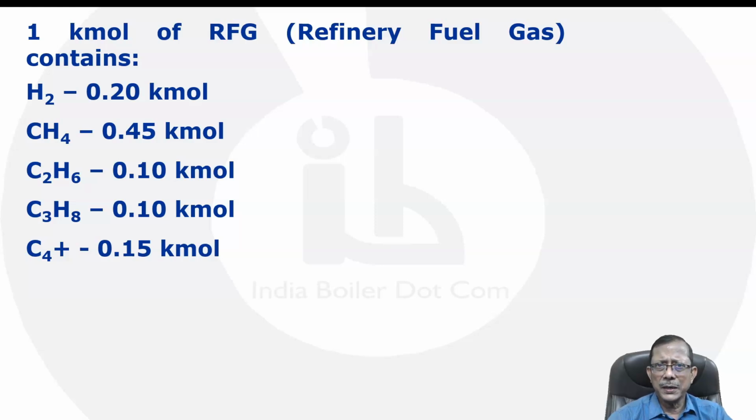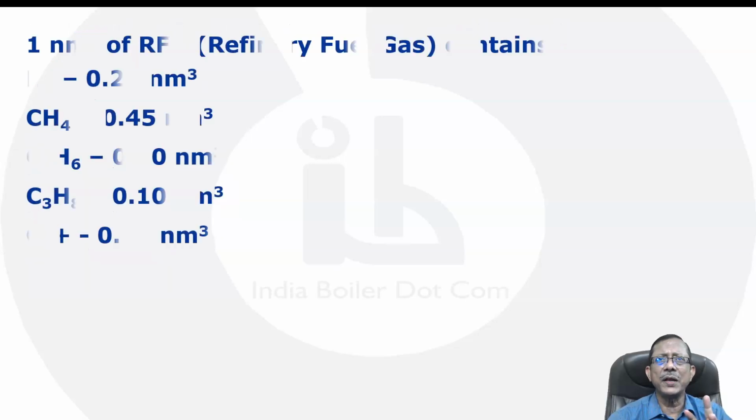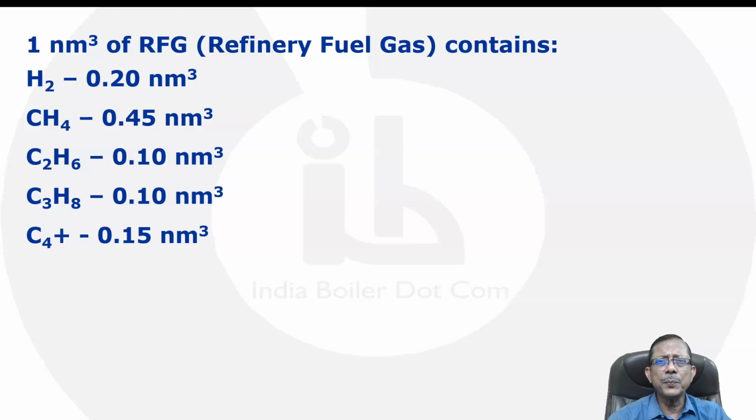Because it is the number of molecules, so it's a molar proportion. I also understand that 1 nm cube of this fuel will contain the same proportion of hydrogen, CH4, C2H6, C3H8 and so on, right? So the molecular proportion, because P is proportional to V, so naturally we get this understanding.